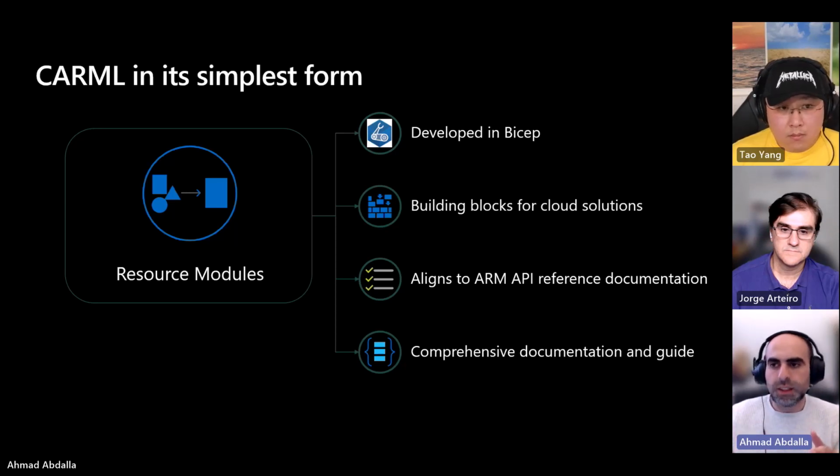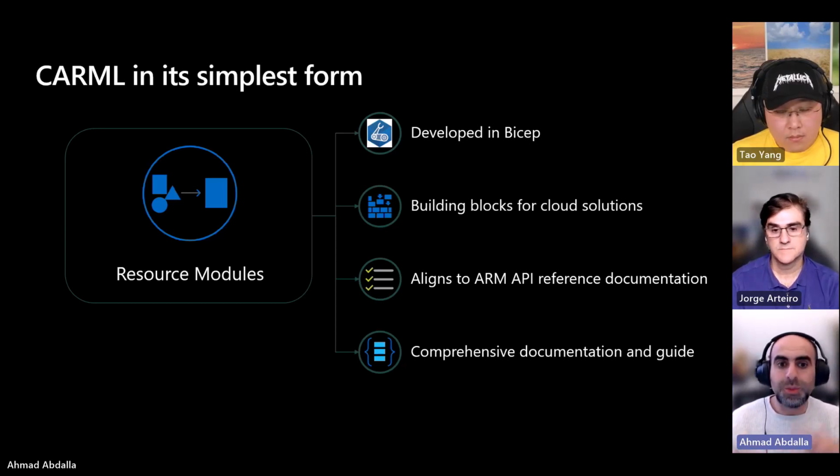We start failing the module, and it automatically creates GitHub issues so that we can uplift the API version. That way, we don't stay far behind the latest APIs from the resource providers, and we are also able to add more parameters and features as we go on to make those available. So the documentation of the resource modules is quite comprehensive.